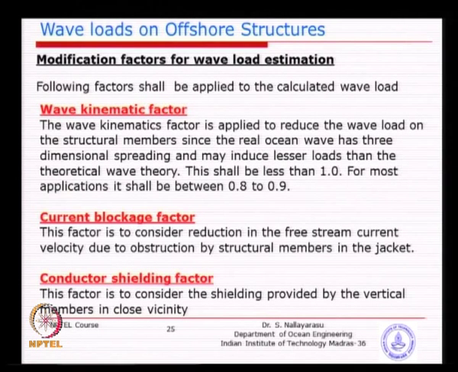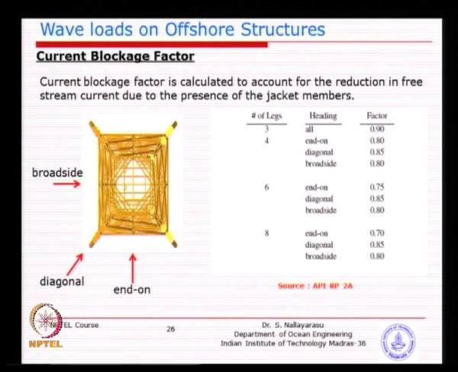The last two are the current blockage factor and the conductor shielding factor, which are again also to account for a kind of reduction only. So, all these three factors will be less than 1, cannot be greater than 1. You will see this current blockage factor, when you put a big structure in the middle of the ocean, the free stream current is unable to flow across the structure, gets diverted, probably slows down and then goes around.